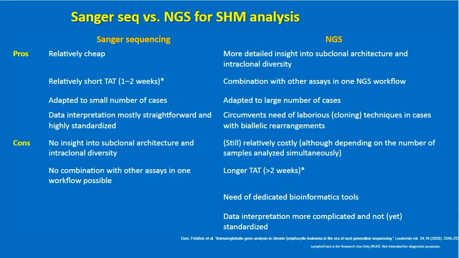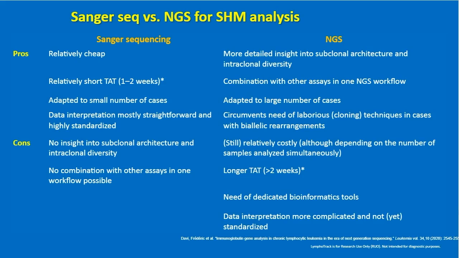You can even do a very detailed depth analysis, which can lead to subclonal architecture and interclonal diversity. In combination with some other next generation sequencing assays, we can batch and analyze a number of cases.